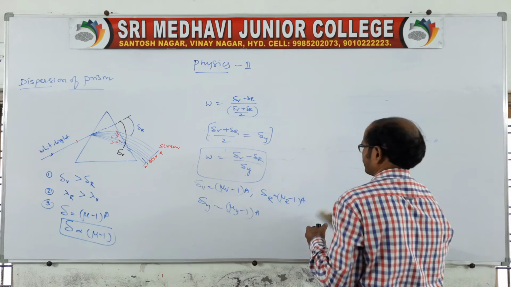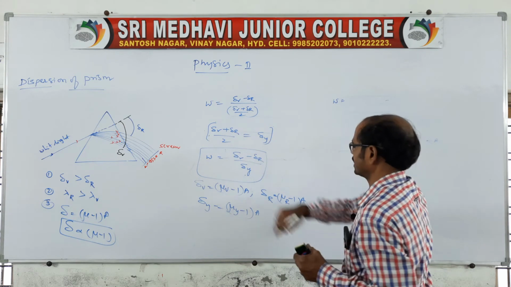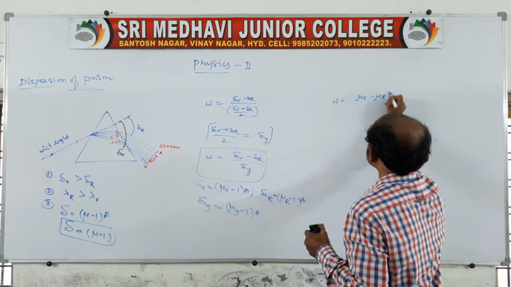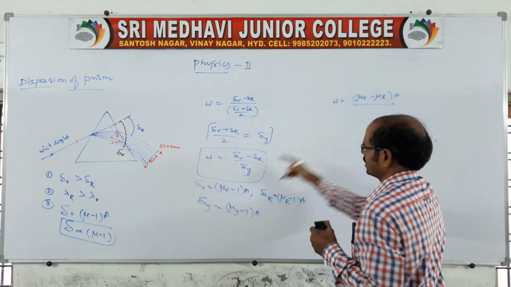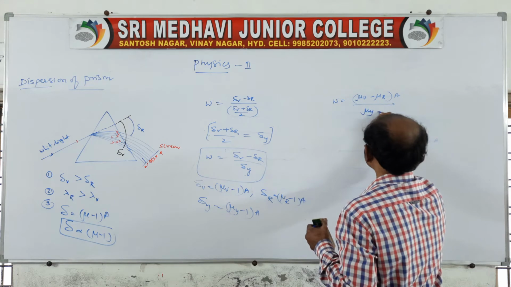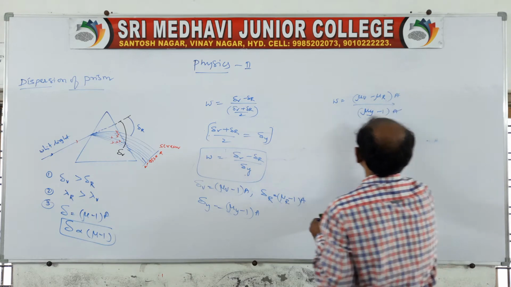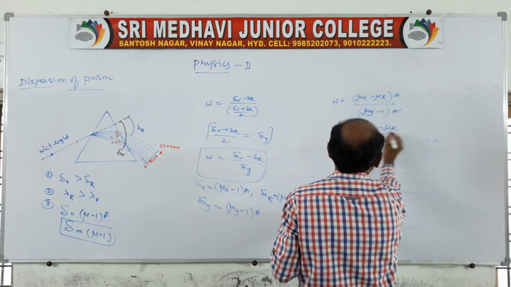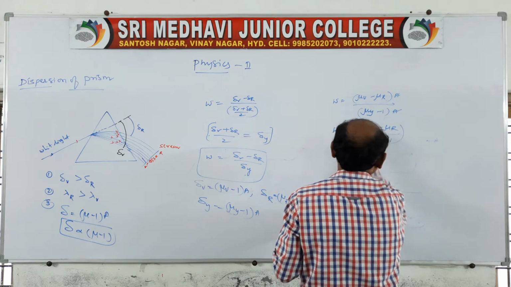Omega is equal to mu V minus mu R, after simplification by A, divided by mu Y minus 1 into A. Cancelling A, omega is equal to mu V minus mu R by mu Y minus 1.